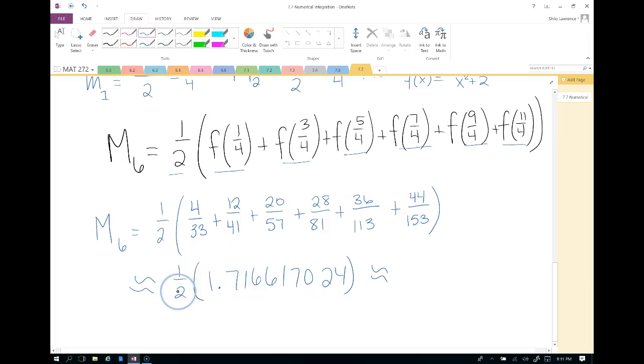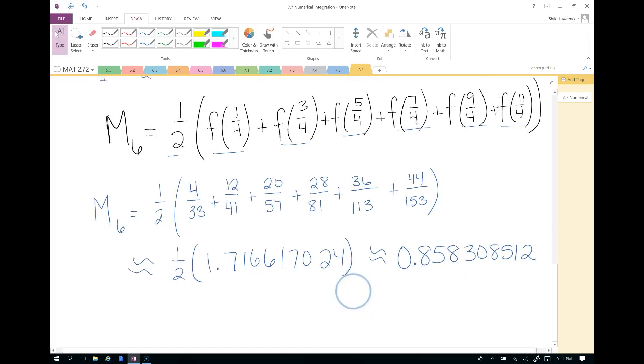And then the width for each of these rectangles was 1/2. So my final answer for my approximation using the midpoint formula is about 0.858308512, and I'm just writing down all of the decimals that my calculator will show.